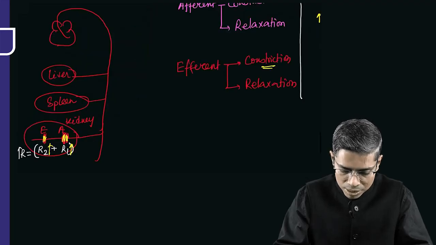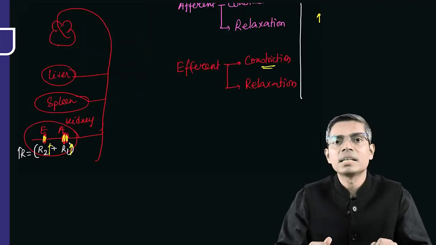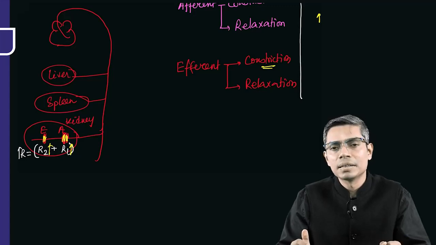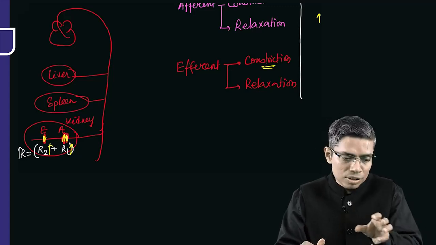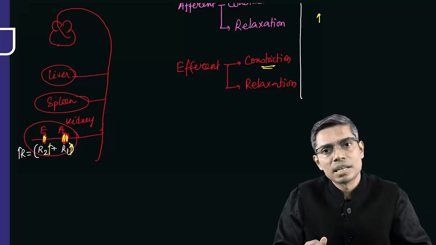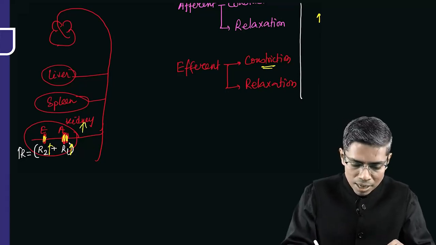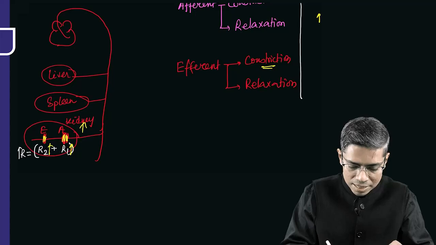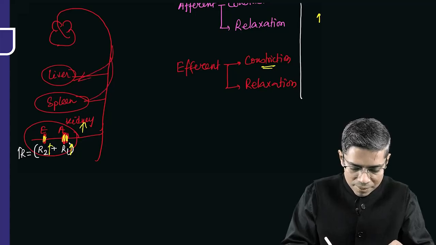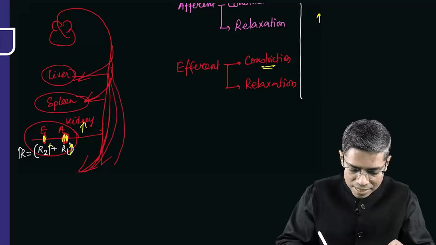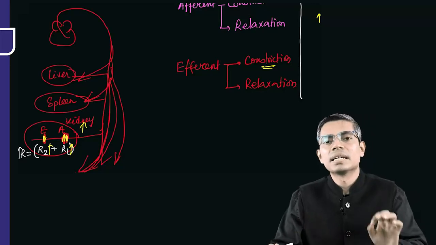Now, if the total resistance of the kidney is higher than normal, what will happen? The blood is not going to flow through high resistance organs. So, whenever the resistance of the kidney is high, the blood is not going to flow in the kidney. Rather, more blood will be diverted to the other organs.